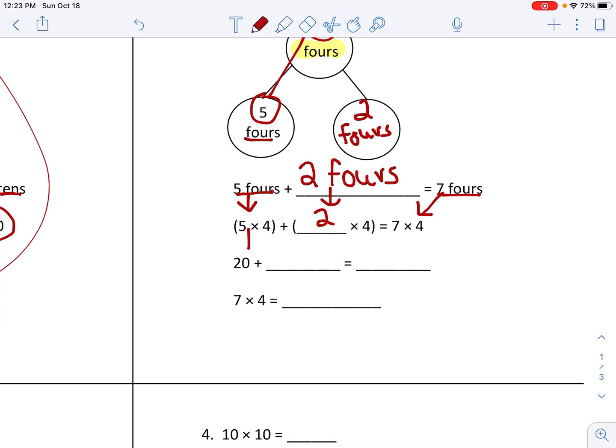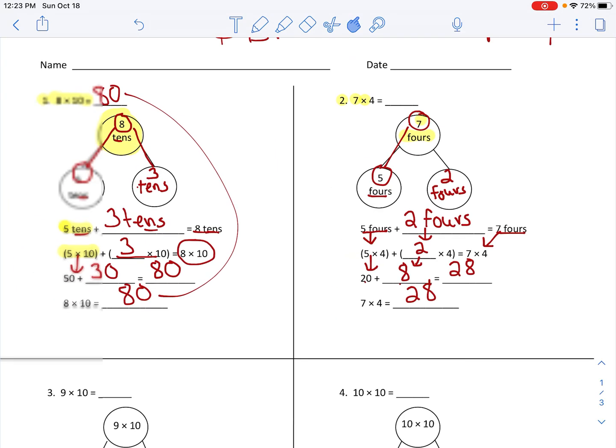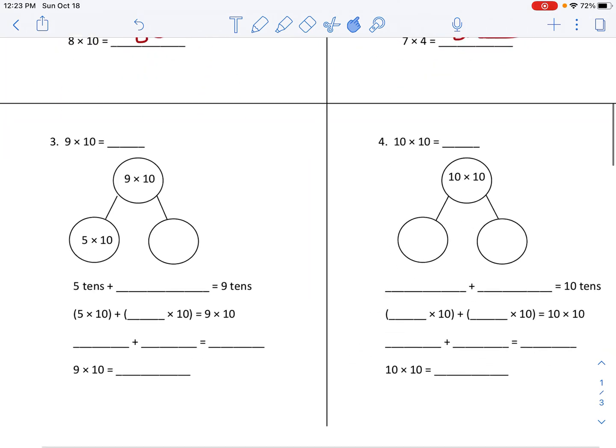So 5 times 4 is 20: 5, 10, 15, 20. And 2 times 4: 2, 4, 6, 8. 2 fours is 8. So I have 20 plus 8 is 28. So 7 times 4 is 28. Put it there and then zoom it back up to the top and put it here.